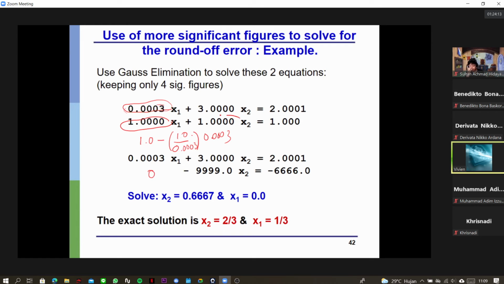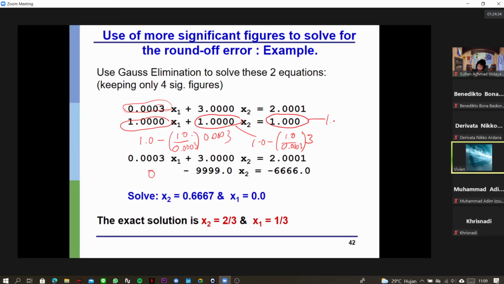And again, we do the same for the second element, so that will be 1 minus 1 divided by 0.0003 multiplied by 3. So the result will be minus 1,199. And also for the right hand side here, we do the same.